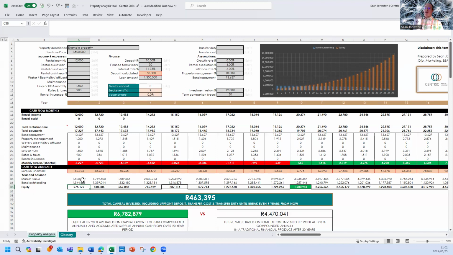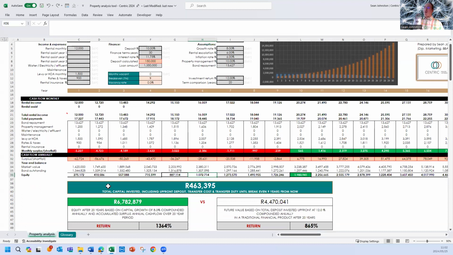So in theory, if your property is worth 1.62 million, and you go to the bank and say, I would like to refinance 275,000 because my property has grown 8%, if the bank sees the value, they will allow you to take a further loan of 275,000 from this property, and that can be used elsewhere. And as time goes by, as this property is appreciating further and further, and your bond is reducing because of amortization, your equity per year is going to increase, which you can unlock through refinancing in the future.